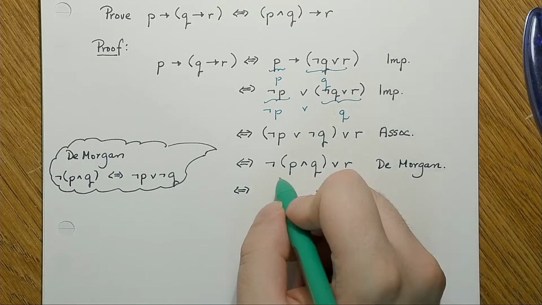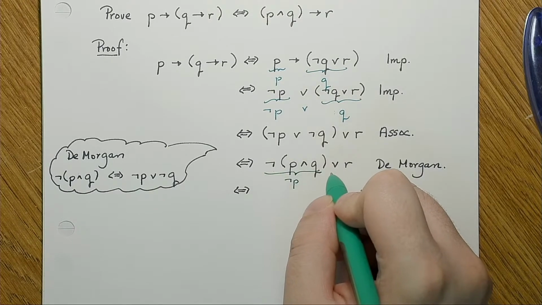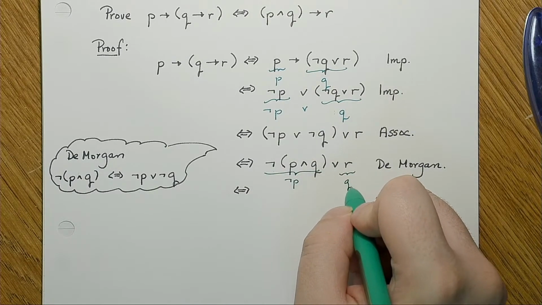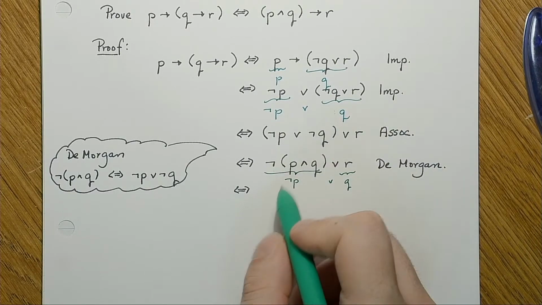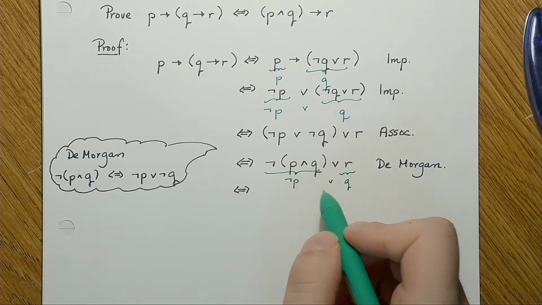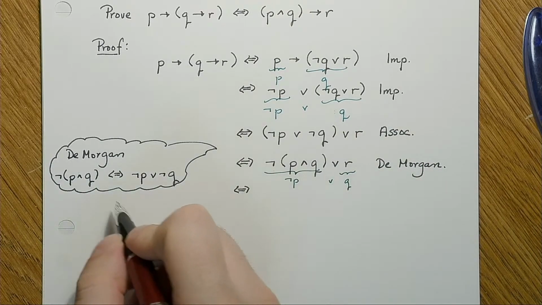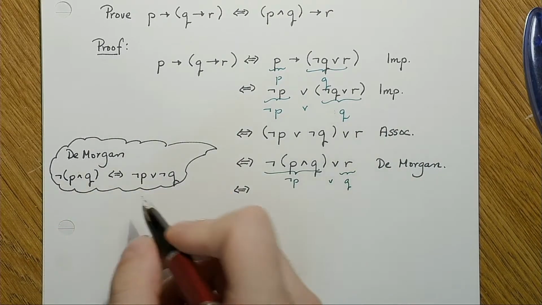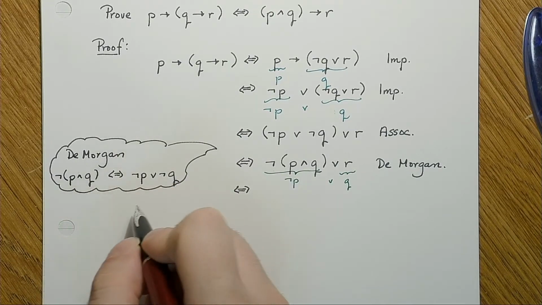Again, you can think of this as my not P or Q. And we know then that we can convert this back using our implication rule. So it actually can go one way or the other. So it doesn't matter. That's why we have this bicondition, this logical equivalence.